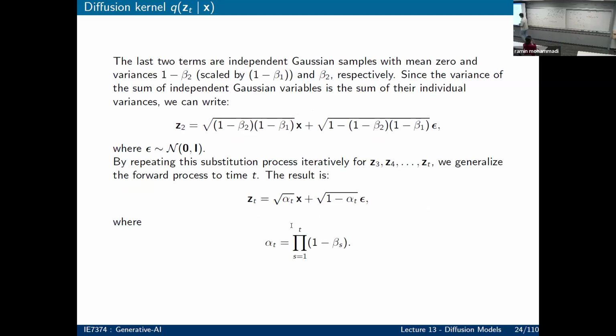So what do we see here? Well, we see that if we do Z2, there are two 1 minus beta. And for this one also, we have 1 minus beta, 1 minus beta, repeats 2 times. So the kernel trick here will be that 1 minus beta times 1 minus beta, we define it as alpha.